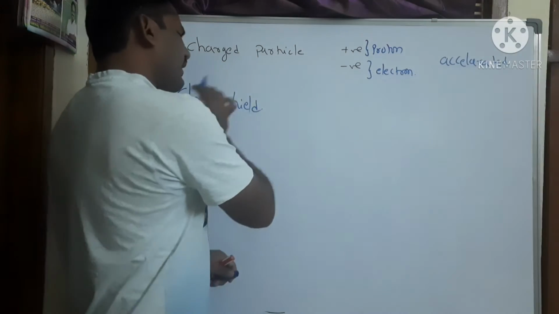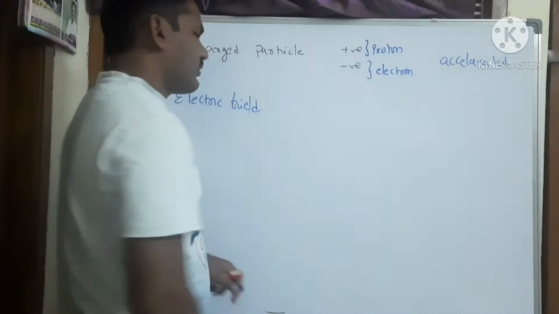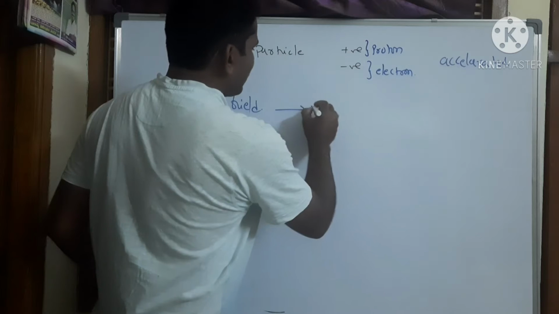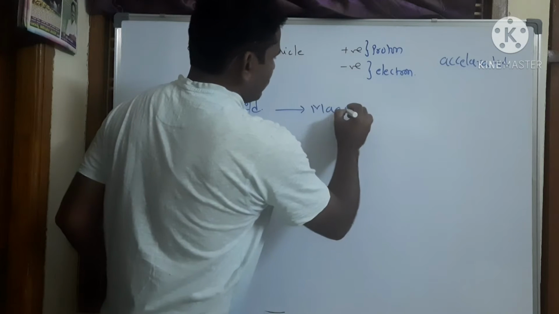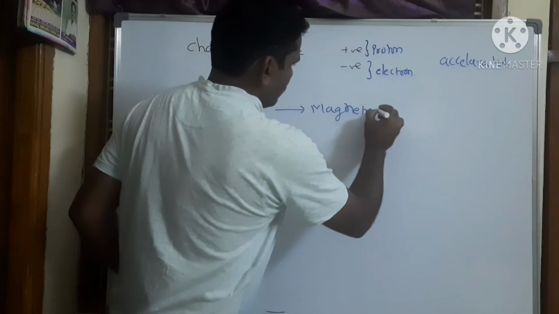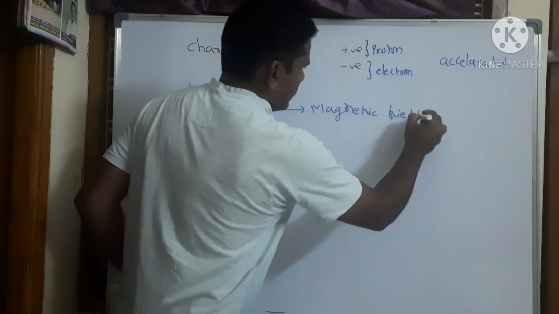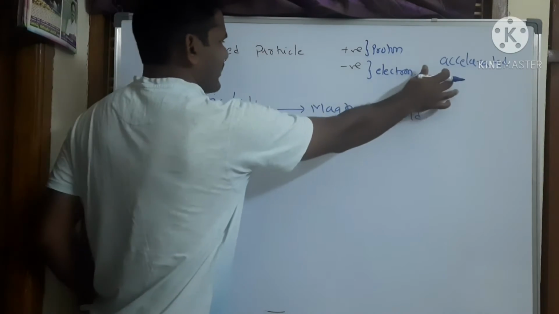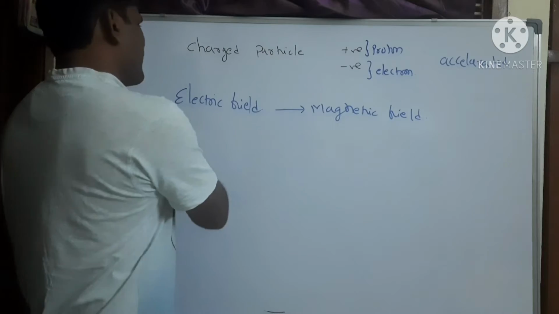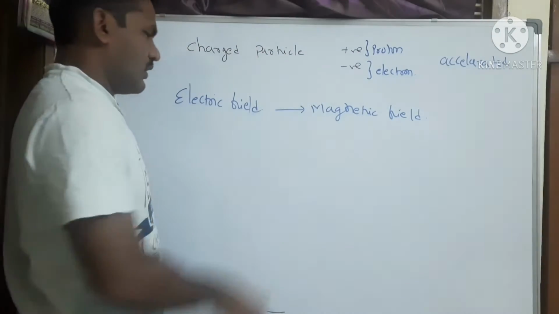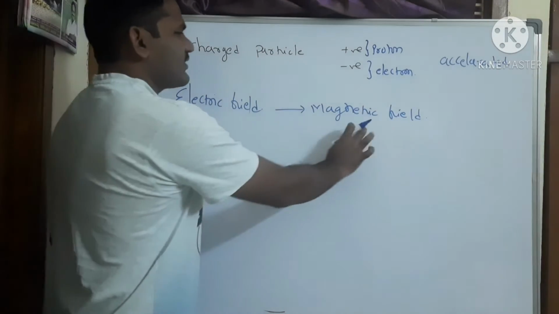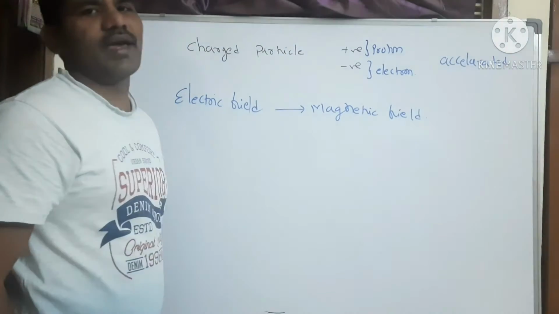This alternating electric field creates an alternating magnetic field.